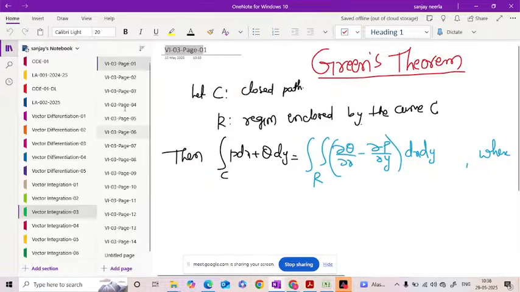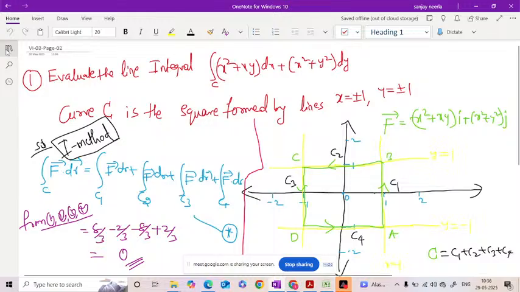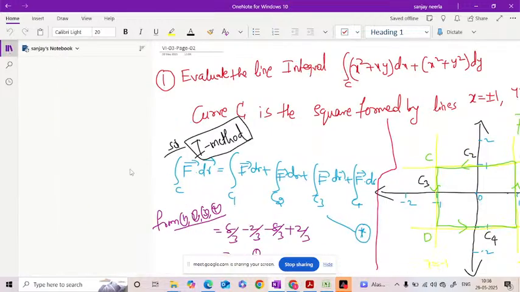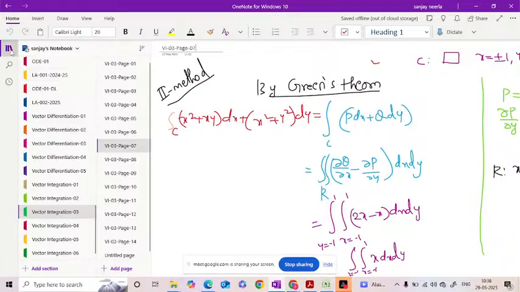I think in the previous class we have seen two problems. This is the first problem, and we did this problem in two ways, by using the line integral as well as by using Green's theorem.